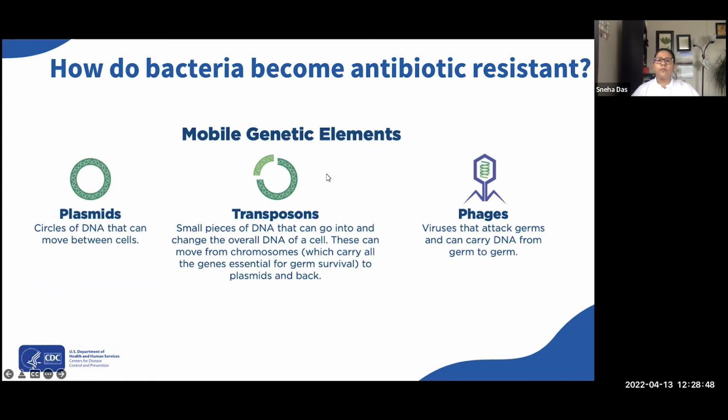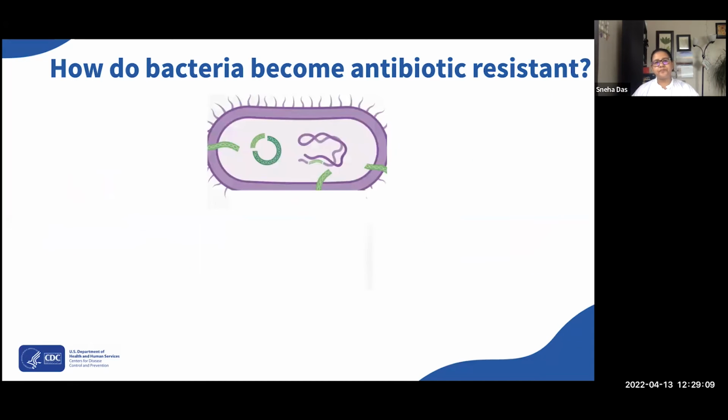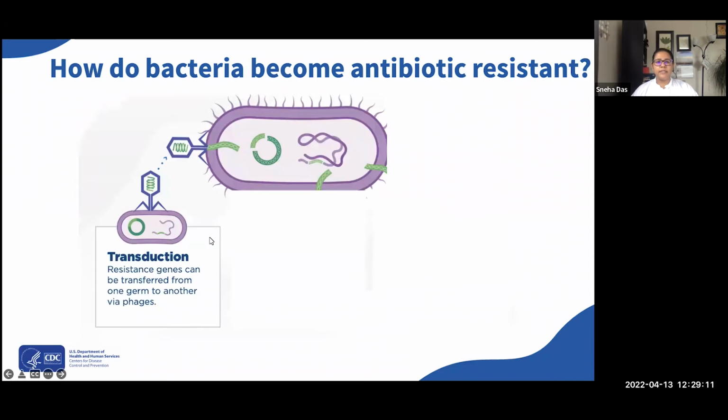Now, what these mobile genetic elements have in common is that they are not part of the normal chromosomal DNA, and they exist independently, and as the name suggests, can be passed on from one cell to the other without any reproduction being involved. So how does that happen? Well, one strategy is transduction, which involves a phage.